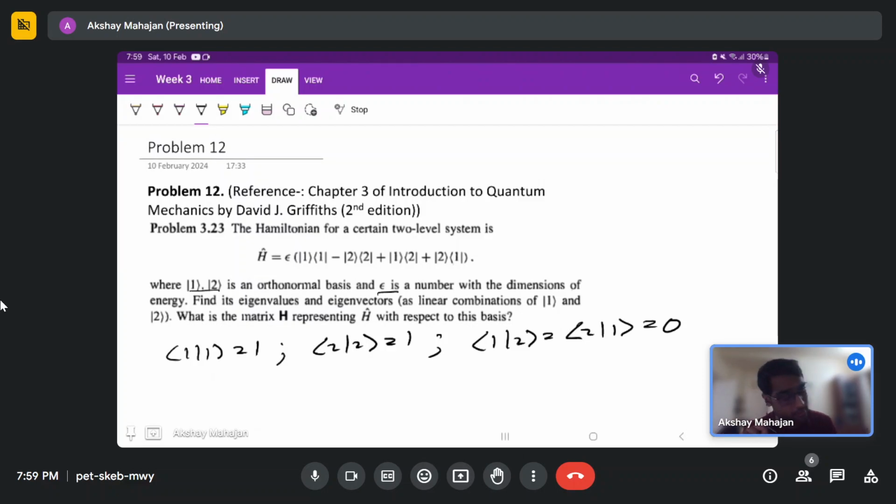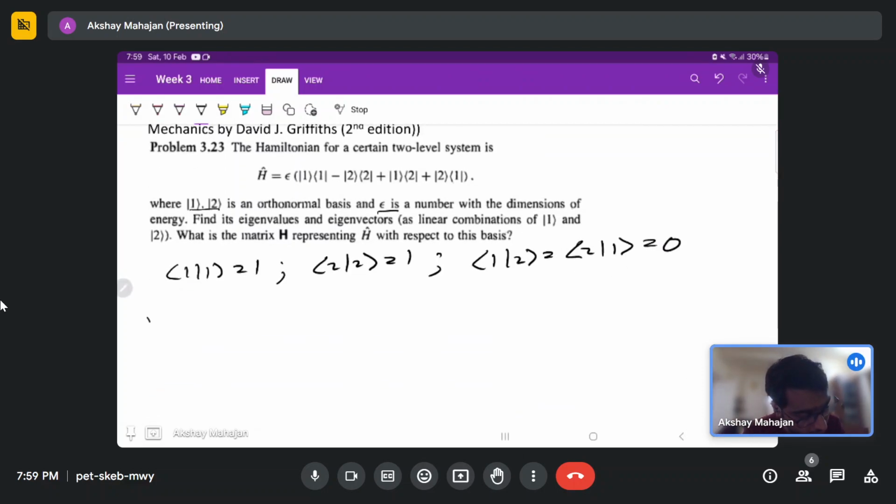Alright, so for this, we have to write the eigenvalues and eigenvectors, and they will be in the form of this orthonormal basis.